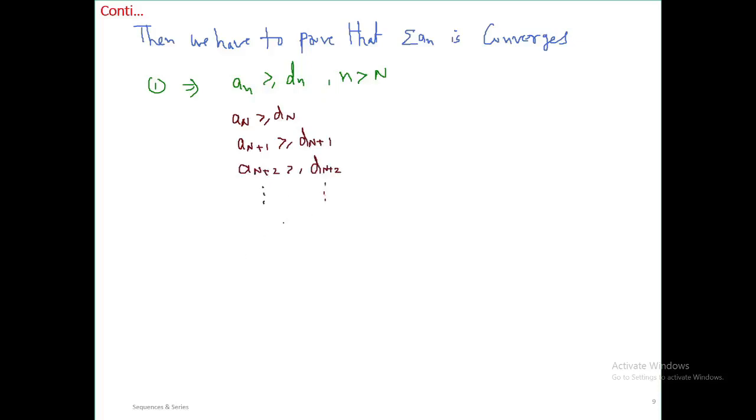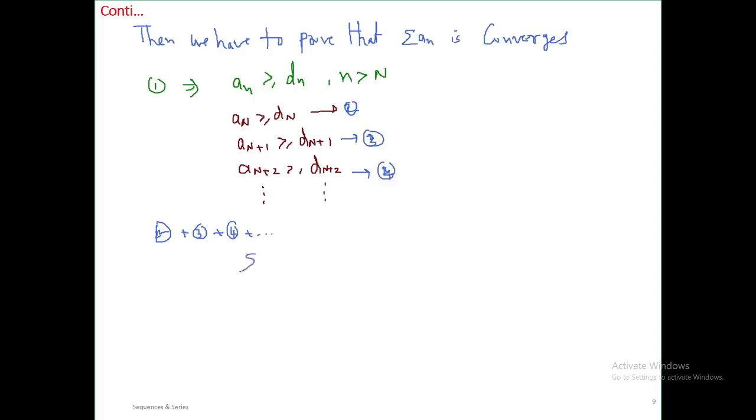Let us call these 2, 3 and 4. The next step is adding all those inequalities, 2 plus 3 plus 4. Infinitely many inequalities I am adding.